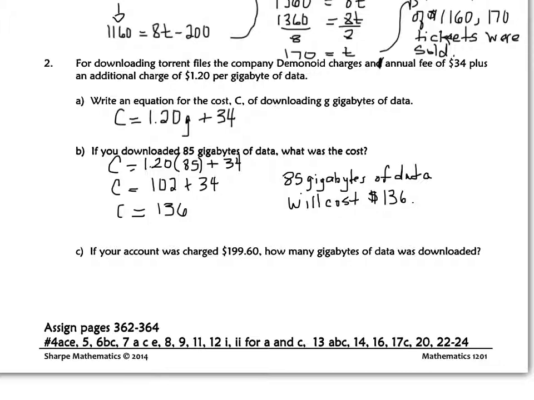And the last question says, if your account was charged $199.60, how many gigabytes of data was downloaded? So in that case, go back to our equation again. This time we don't have a G value, we have a cost, so the C would be replaced with $199.60. And then you isolate the term containing the variable by subtracting 34 from both sides.